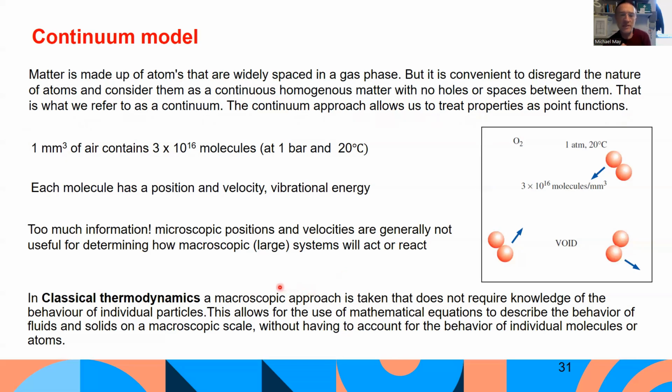In classical thermodynamics, a macroscopic approach is taken that does not require the knowledge of behavior of individual particles. This allows for the use of mathematical equations to describe the behavior of fluids and solids on a macroscopic scale without having to account for the behavior of individual molecules or atoms.